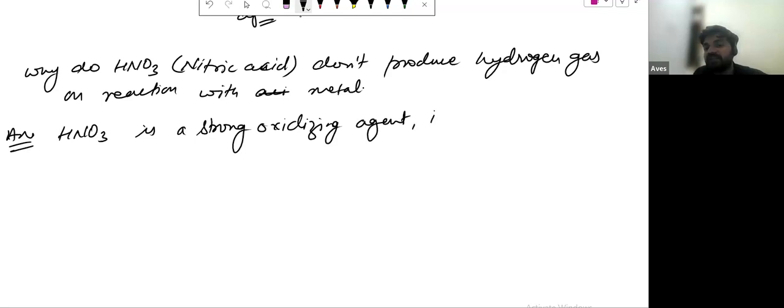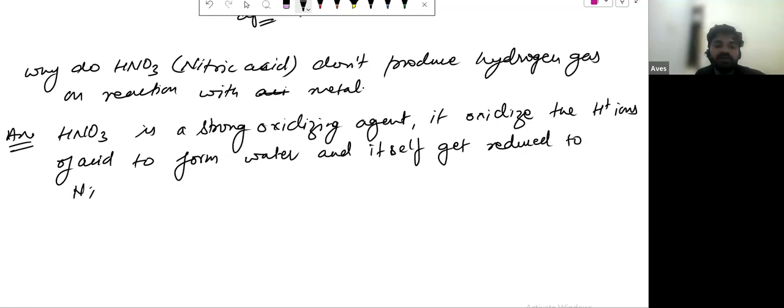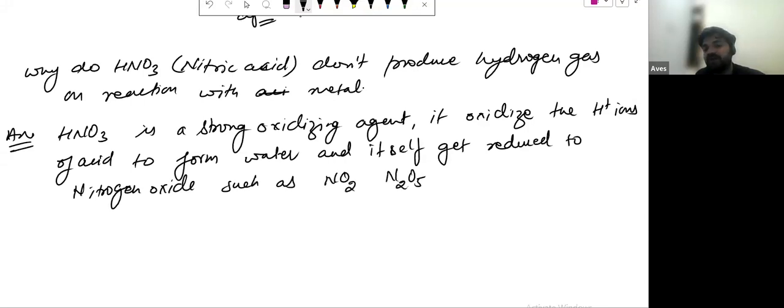It oxidizes the H plus ions of acids to form water, and itself gets reduced to nitrogen oxides such as NO2 or N2O5, etc.